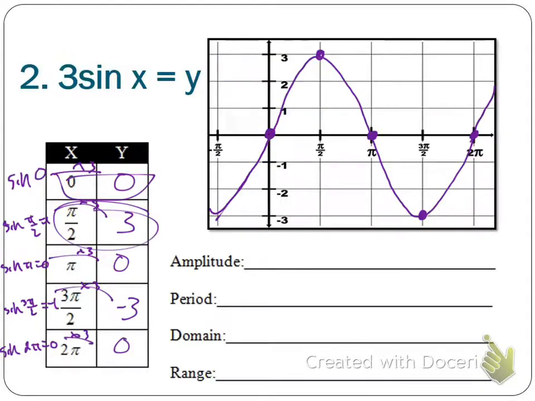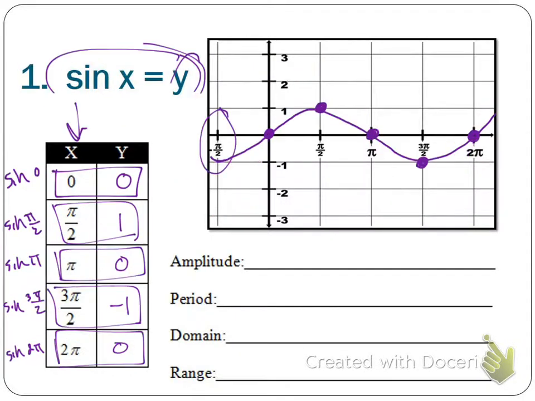right? So we go back to the original graph. So the definition says half of the distance from the minimum, which is here, to the maximum, which is there, the lowest and the highest point. Well, that distance is 2. Negative 1 to 1 is 2, right?